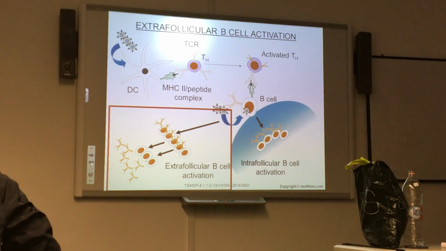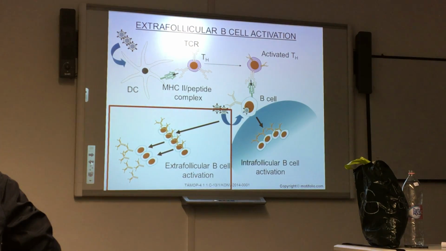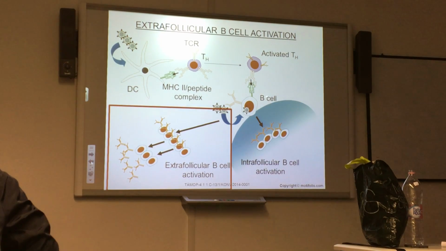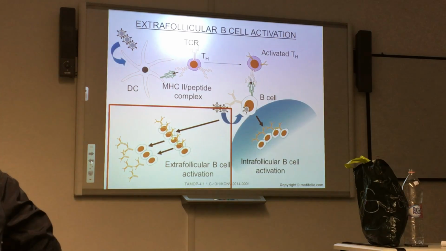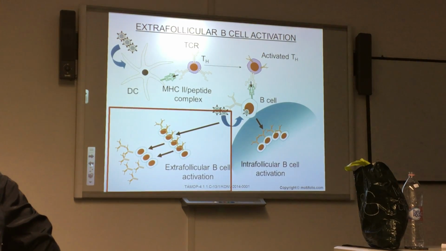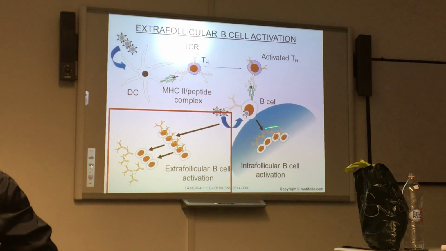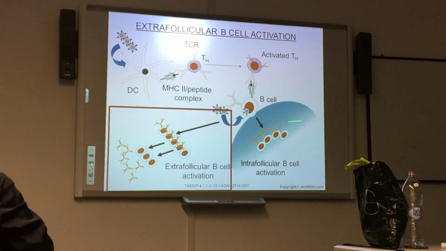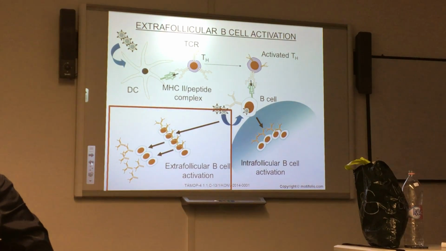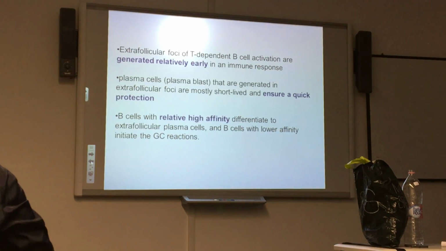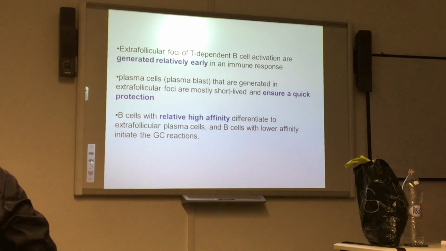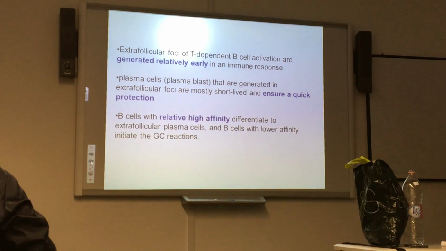And when the B cell receptor affinity is high, they can proliferate and differentiate to plasma cells extrafollicularly. But when the affinity is lower, they enter the follicle and start the proliferation and differentiation intrafollicularly. So the affinity is the main thing which decides which way it will activate. Yes, so they recognize the same antigen.